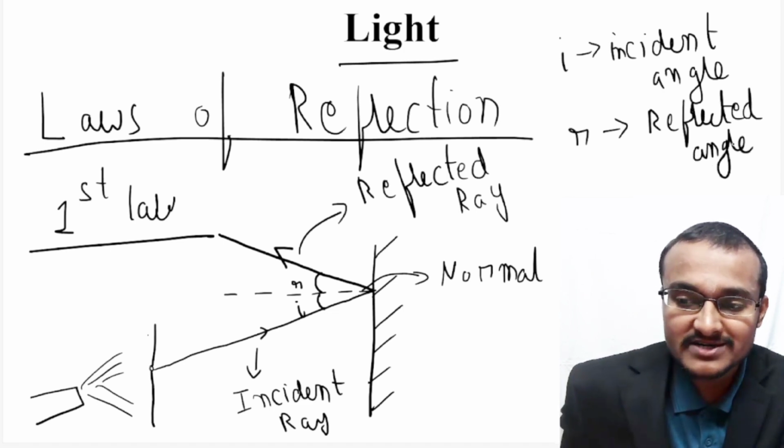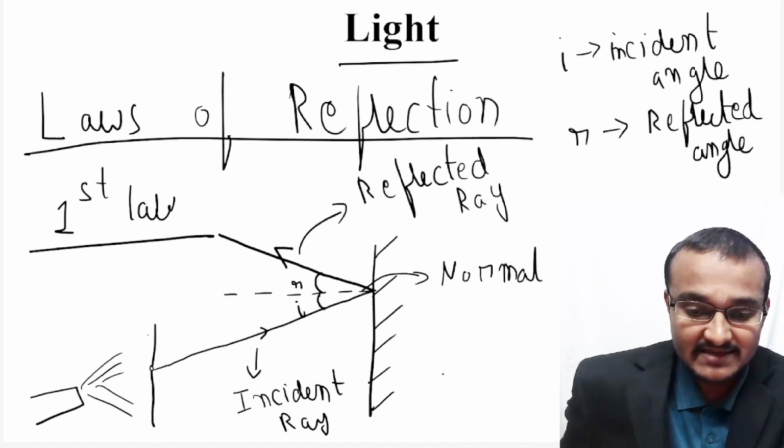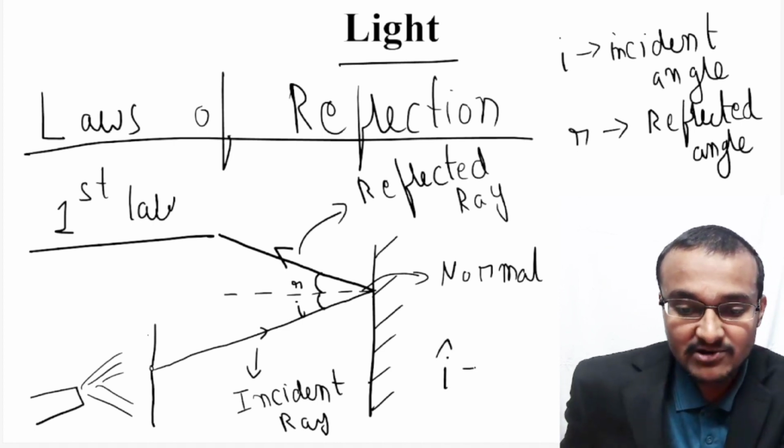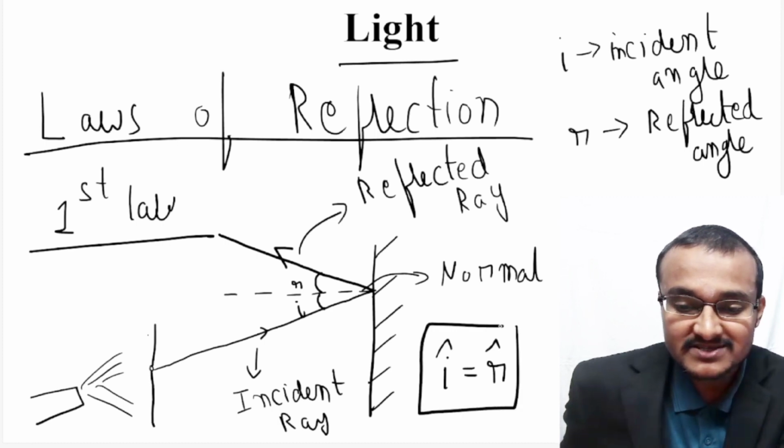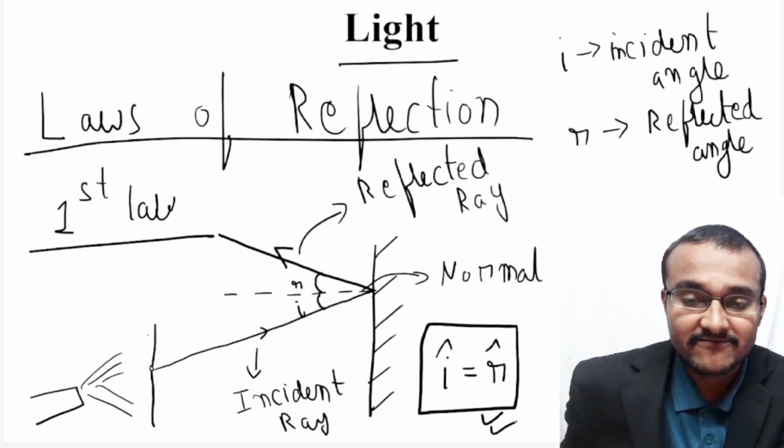What the first law states is that i, the incident angle, will always be equal to r, the reflected angle. This is the first law of reflection.